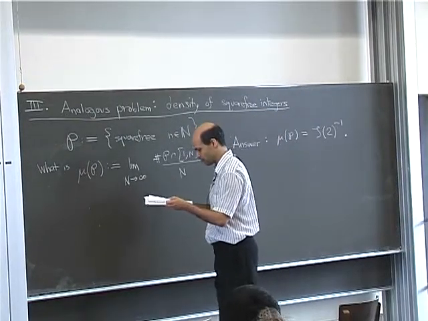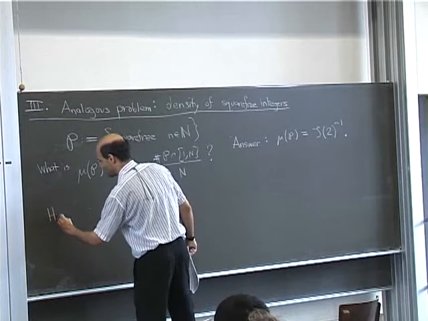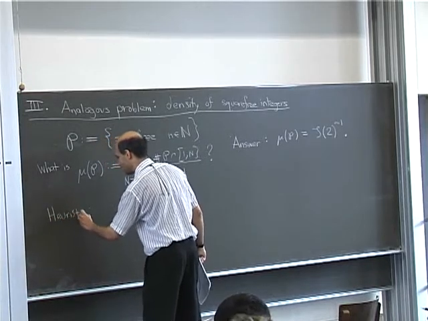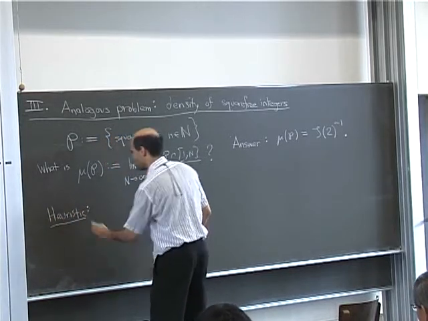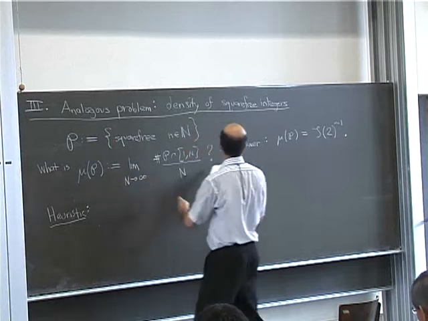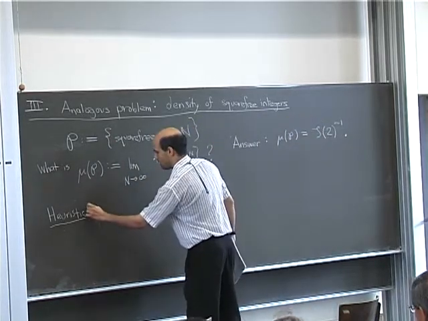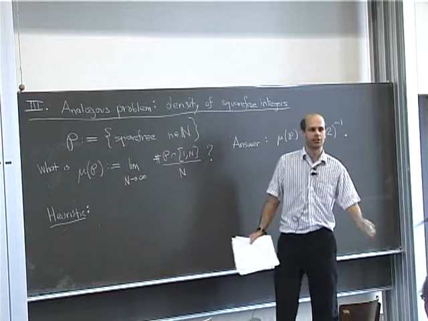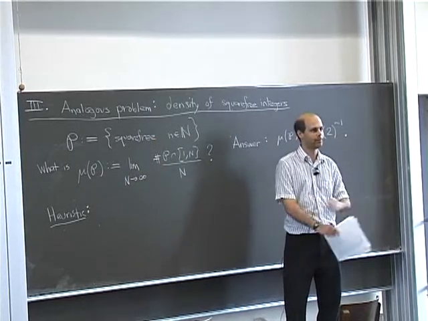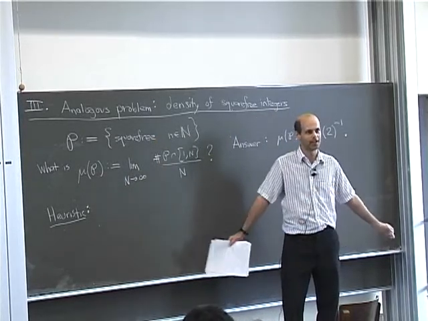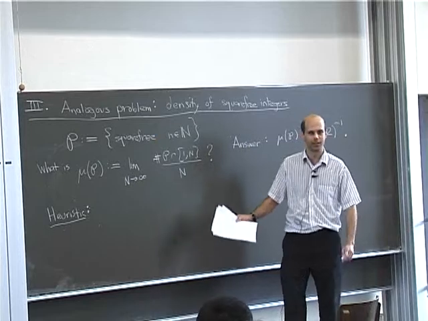Okay, well, first, before I give a proof even, let me just give the heuristic. So why should the answer be zeta of 2 inverse? The idea is you start with all the integers, you throw away all the ones that are divisible by 4, you throw away all the ones that are divisible by 9, and you keep going, and you see what's left.